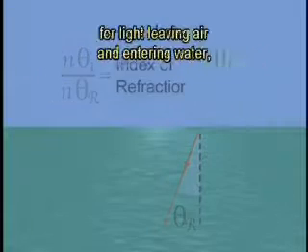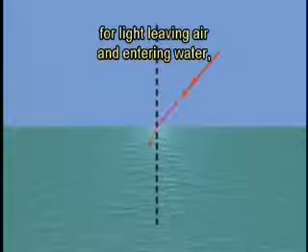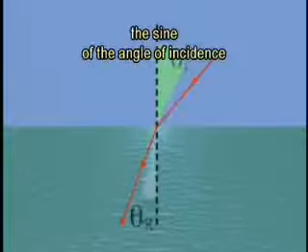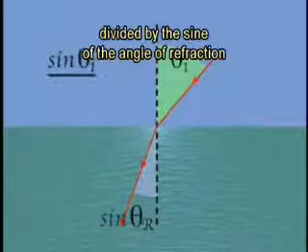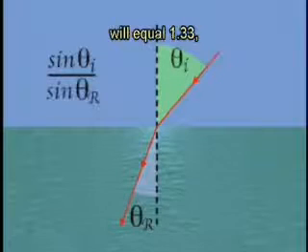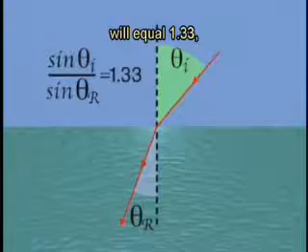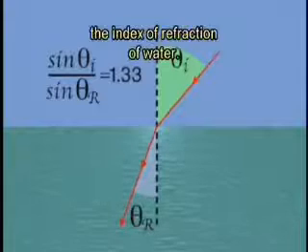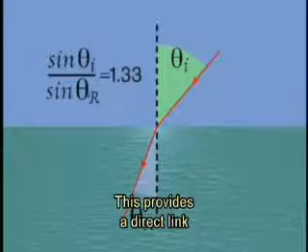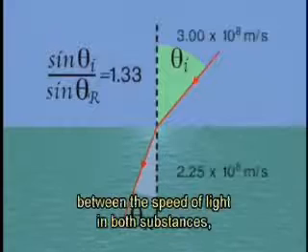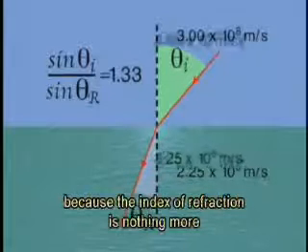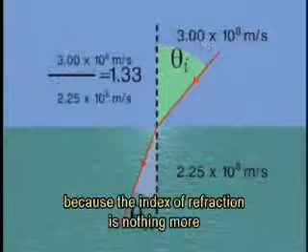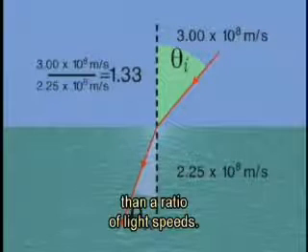For example, for light leaving air and entering water, the sine of the angle of incidence divided by the sine of the angle of refraction will equal 1.33, the index of refraction of water. This provides a direct link between the speed of light in both substances, because the index of refraction is nothing more than a ratio of light speeds.